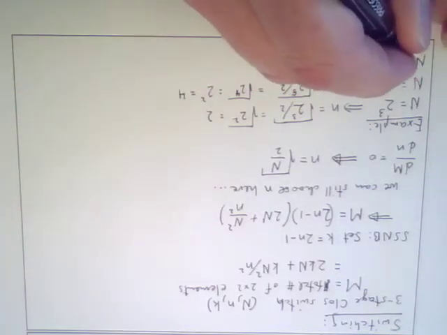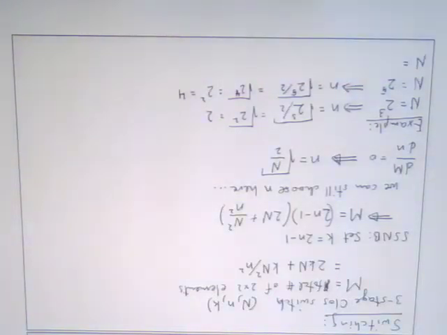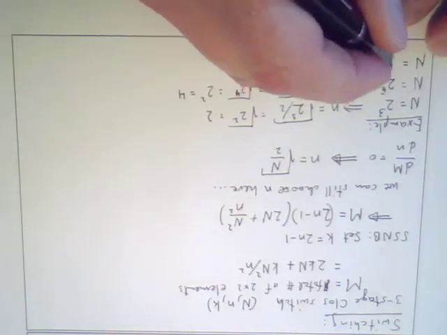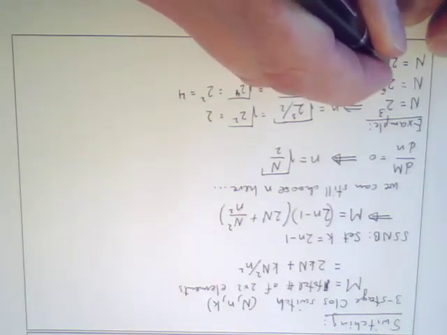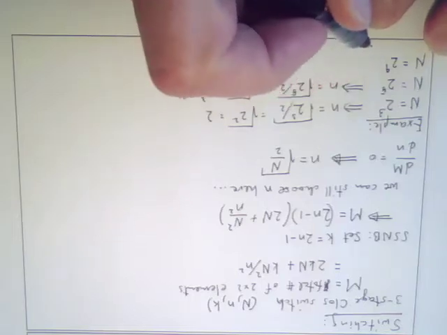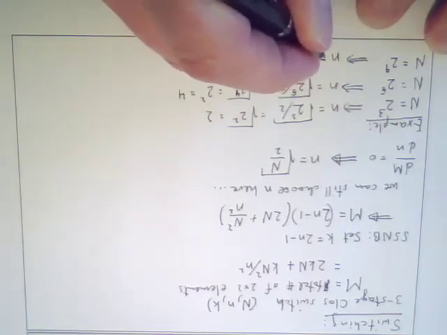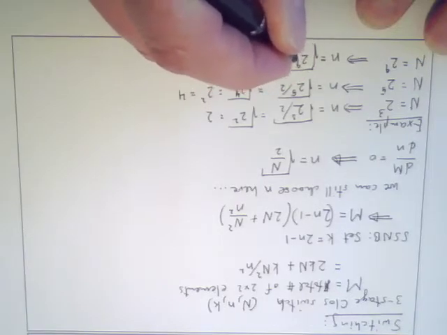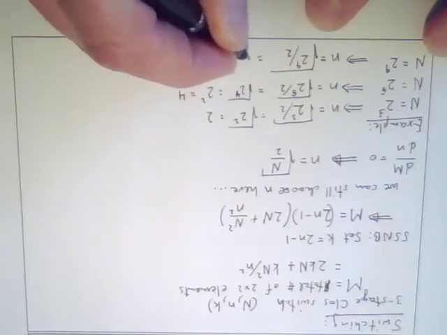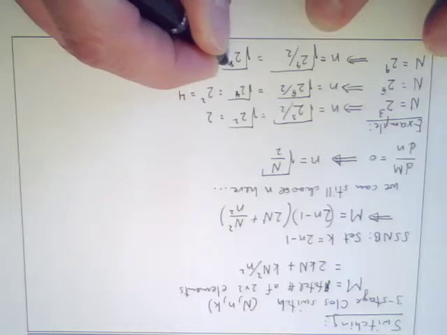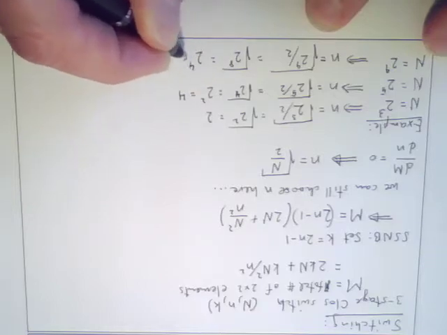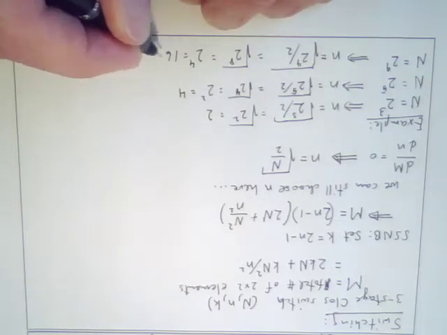If N is equal to, for example, 2 to the 9th, which is 512, then little n is equal to the square root of 2 to the 9th divided by 2, which is square root of 2 to the 8th, which is 2 to the 4th, which is 16.